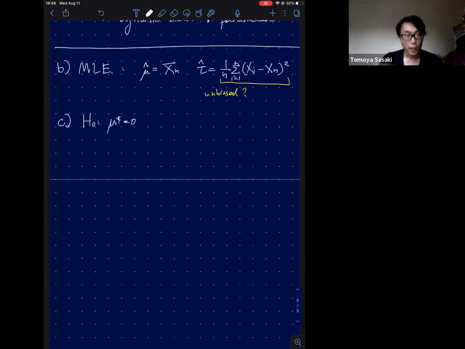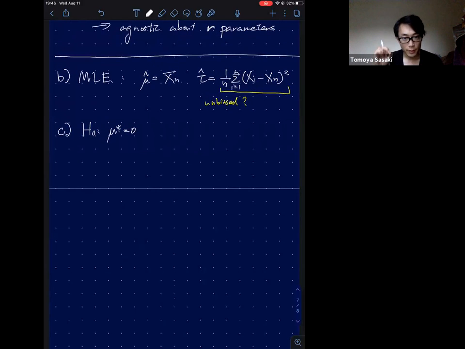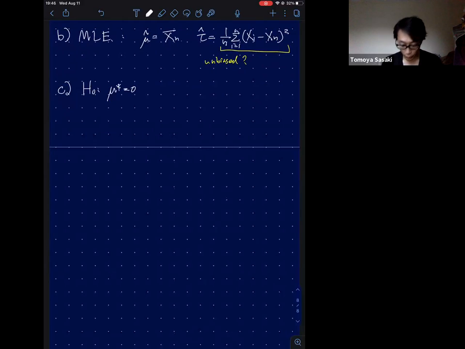We are fixing the mean of the normal distribution. So basically under the null, x1 to xn is distributed IID from a normal with 0 and tau star.